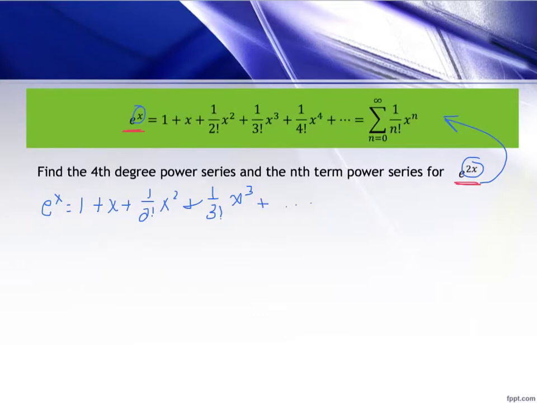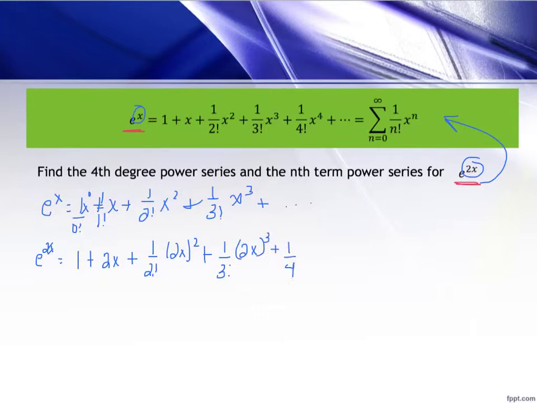We could also go back and remember this was 1 over 0 factorial x to the 0 and 1 over 1 factorial x to the first. To get e to the 2x, we're just going to replace all of our x's with a 2x. So that would give me 1 plus 2x plus 1 over 2 factorial 2x squared plus 1 over 3 factorial 2x cubed plus 1 over 4 factorial 2x to the fourth.